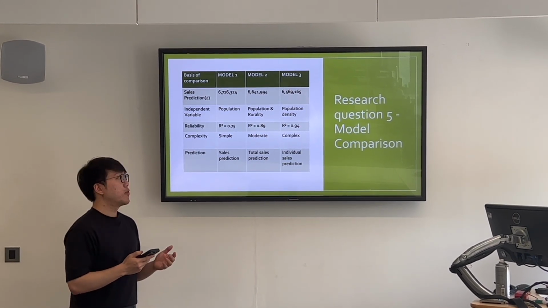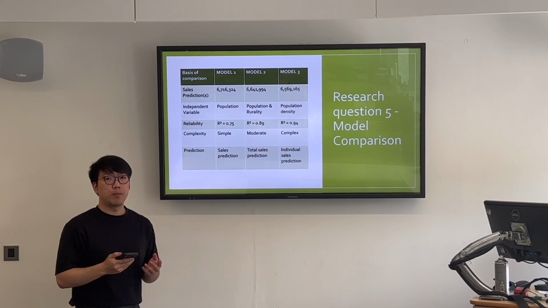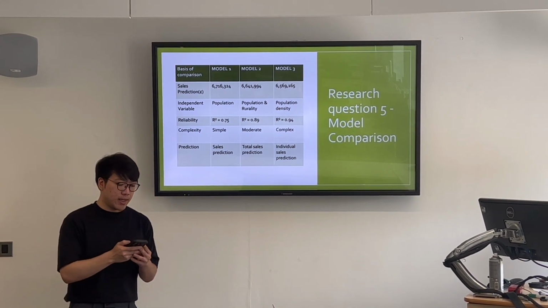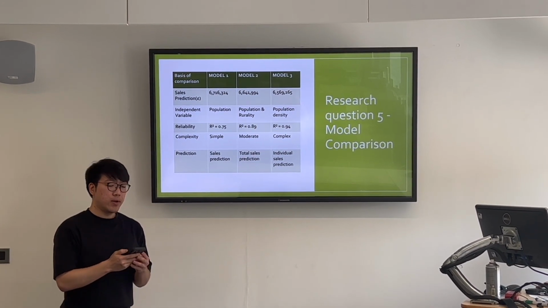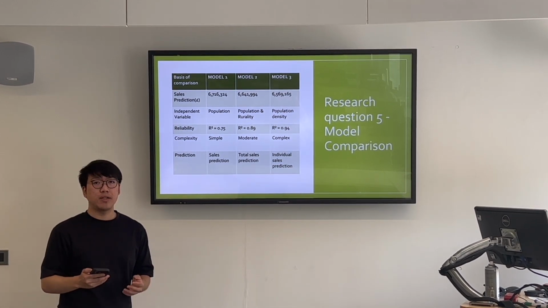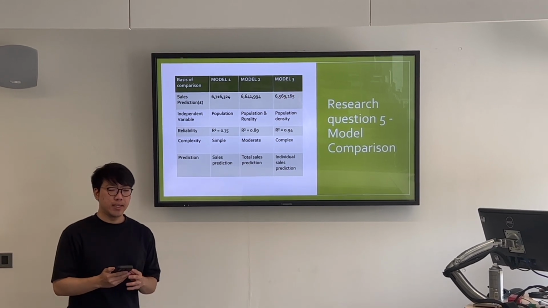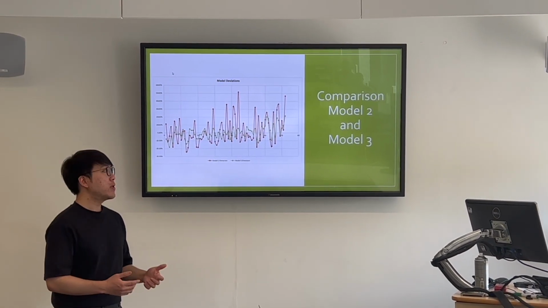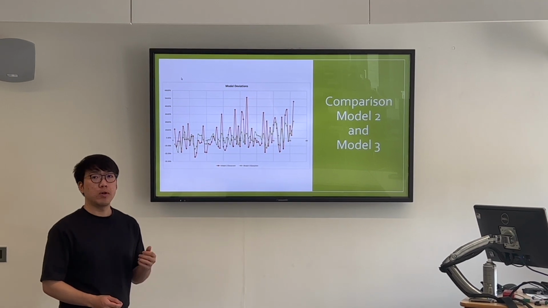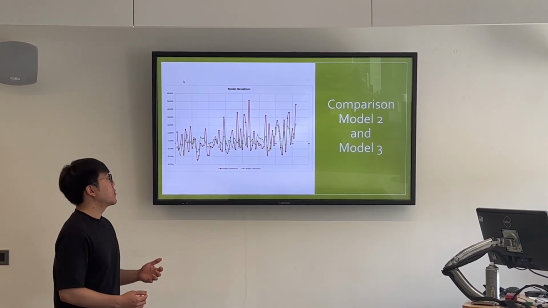Furthermore, the accuracy of the Model 2 is already high enough to produce a reliable prediction. As for the Model 3, this model is recommended in sales prediction of each individual district, since Model 3 has the highest accuracy.